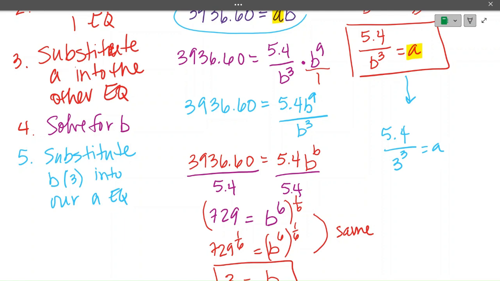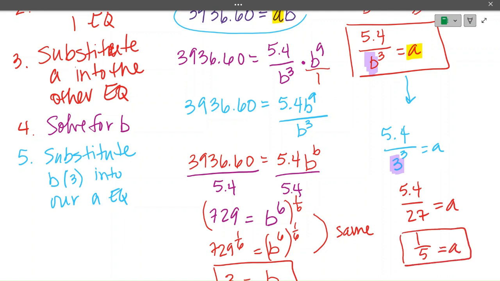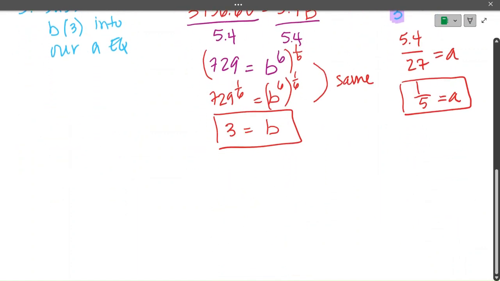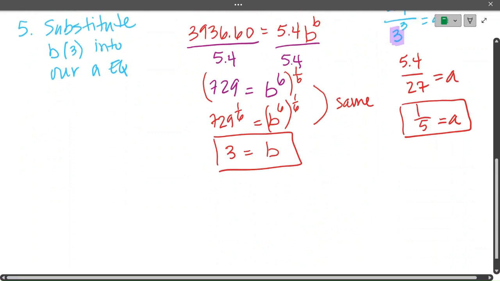So just to be clear, I substituted b right here, the b we just found. All right, so when we do that, I end up with 5.4 divided by 27 equals a. When I pop that into my calculator, I get 1/5. Or you might get, I have my calculator set to a fraction, so you might get 0.2 out of your calculator. They are equivalent.